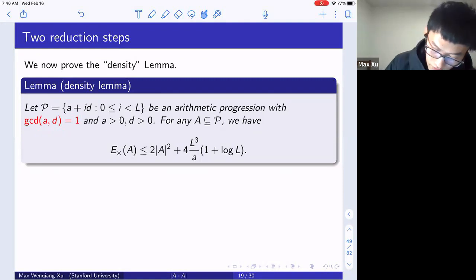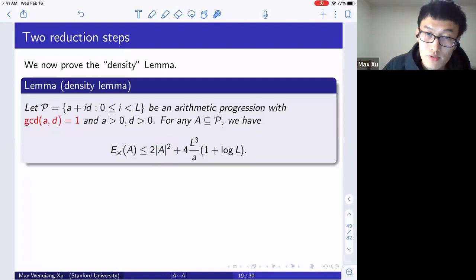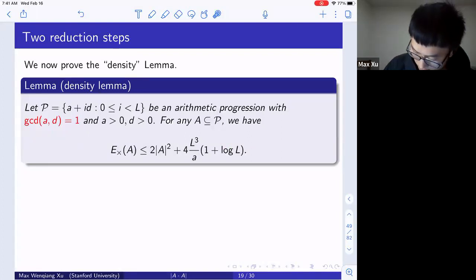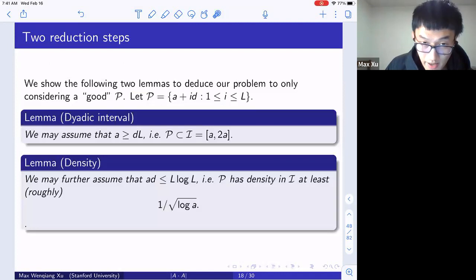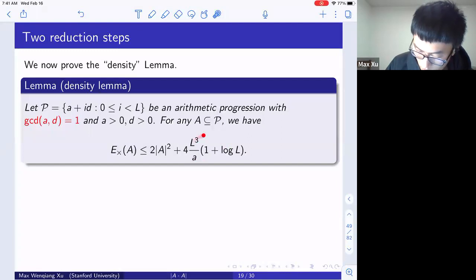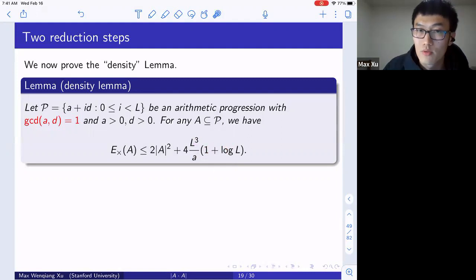The first term, 2A squared, comes from the trivial solutions to the equation, and then we have the second term. You can see that if AD is bigger than L log L, then the second quantity will be very small. It's at most a constant times A squared, so we don't need to worry about it. That's why we can reduce to the case AD at most L log L.